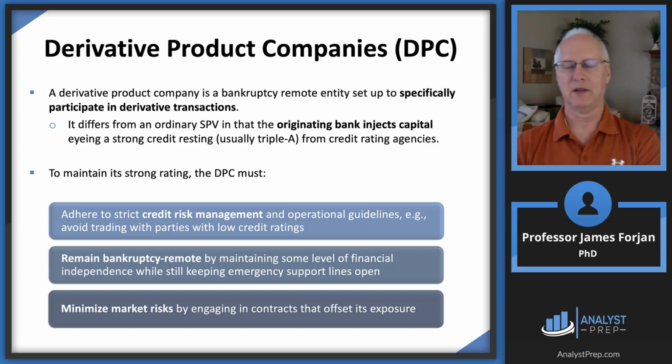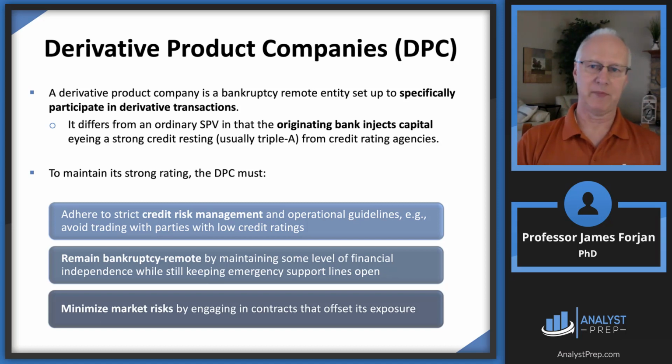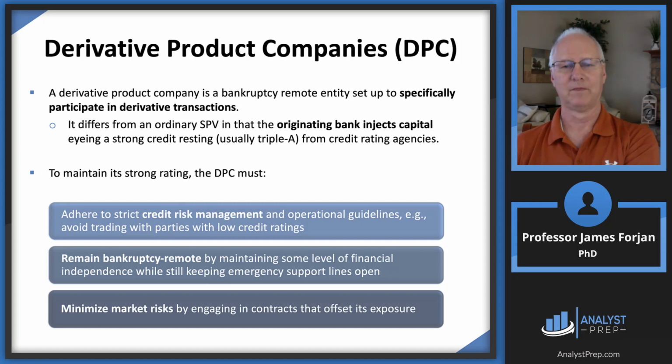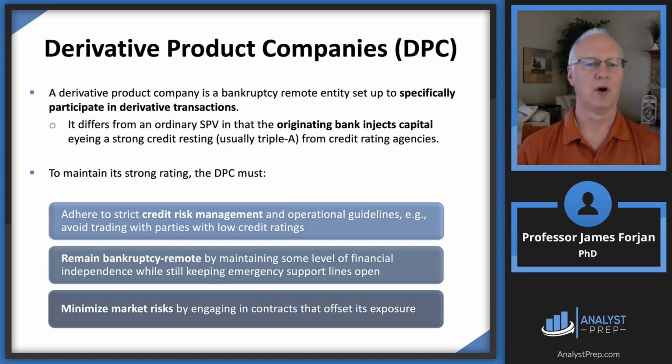So think about this special purpose vehicle that has these mortgages inside of it as the assets. And then let me, as the DPC, throw in some of my own equity. And so look at that first circle point, a strong credit rating. So what we're trying to do is get a higher rating so that we can lower our borrowing costs.